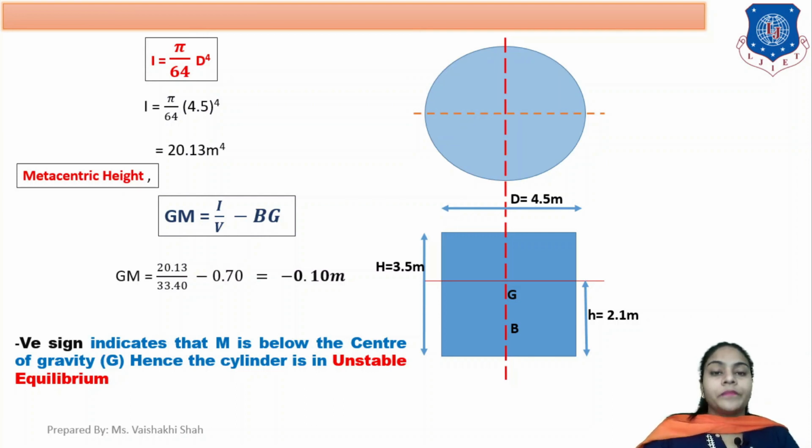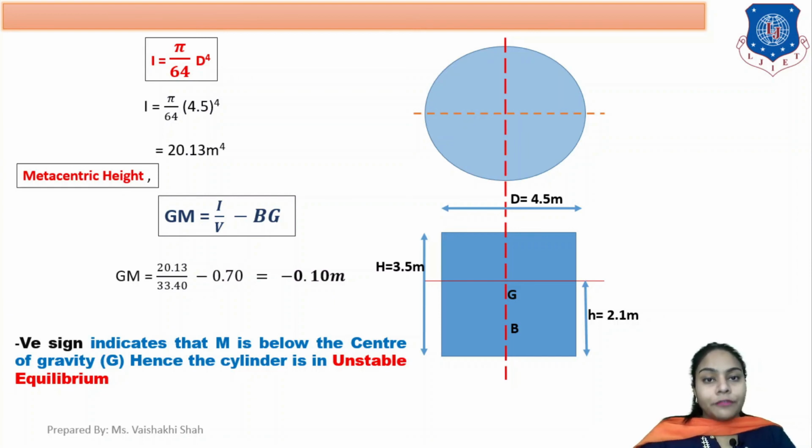Here we are taking the volume as 33.40. You can find the volume by pi by 4 d square, which is the area, into small h, which is 2.1 meter.